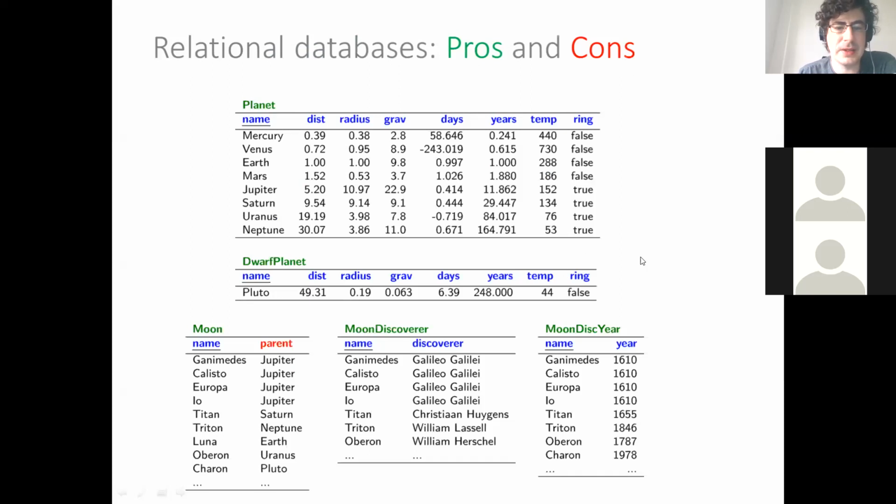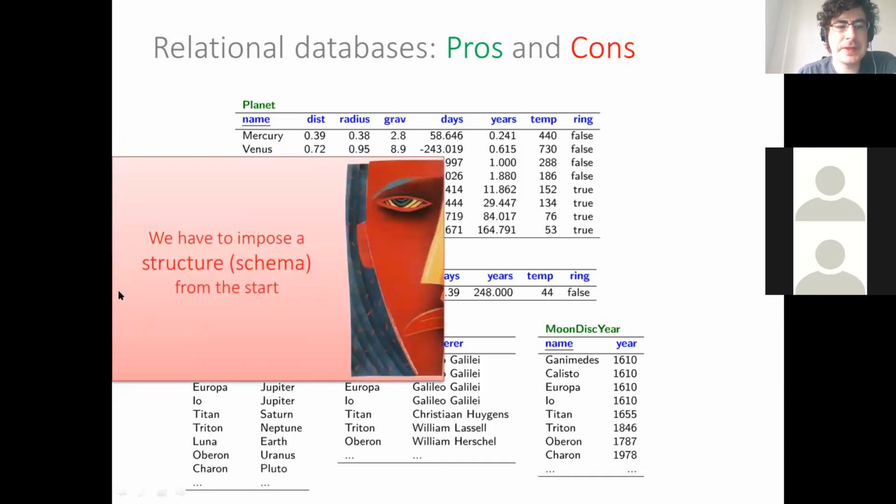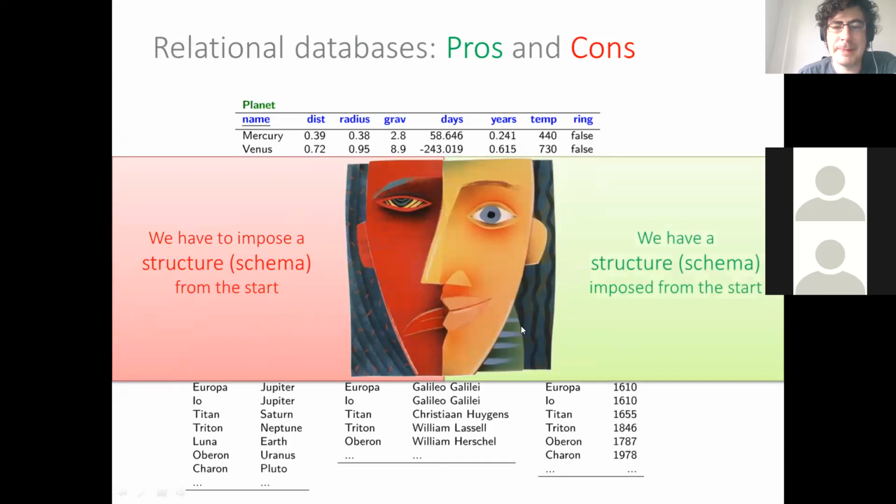In terms of the disadvantages of a relational database, we have to impose a schema, a structure on the data from the start. And as the data change, we might have to update that schema. The good news is that we have a structure or a schema imposed from the start, and that can be a very good description of what the data we have are. We can tell someone, here are my tables, here are the columns I have.